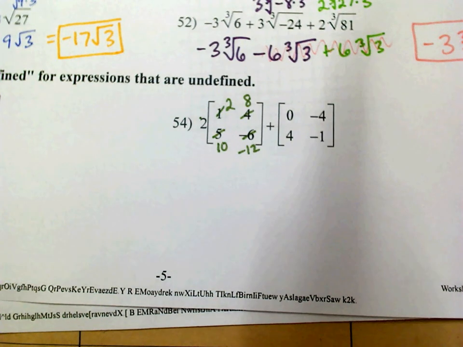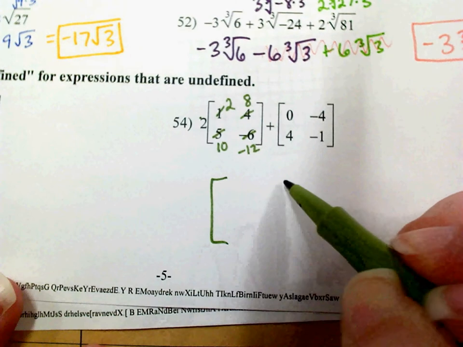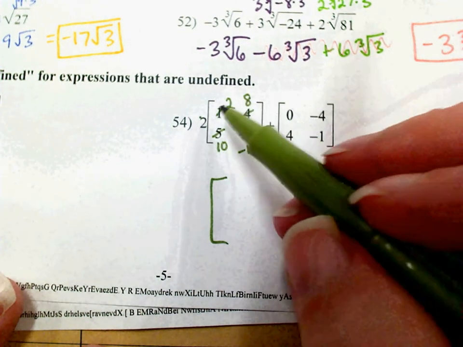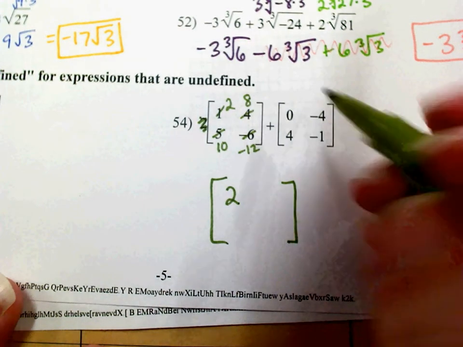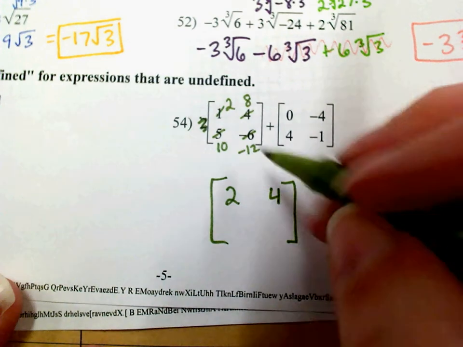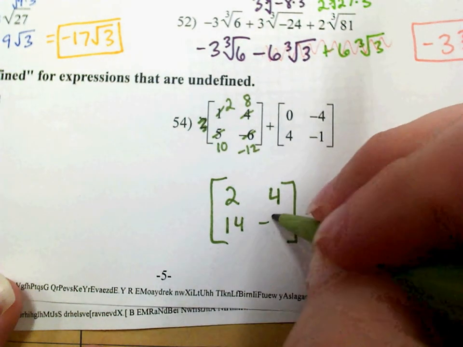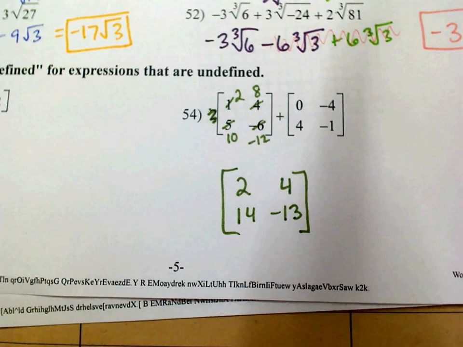Okay, so it should be a 2 by 2 again. So I've got 2 plus 0, 8 plus a negative 4, 10 plus 4, negative 12 plus a negative 1, negative 13. So distribute the scalar 2, and then add the terms.